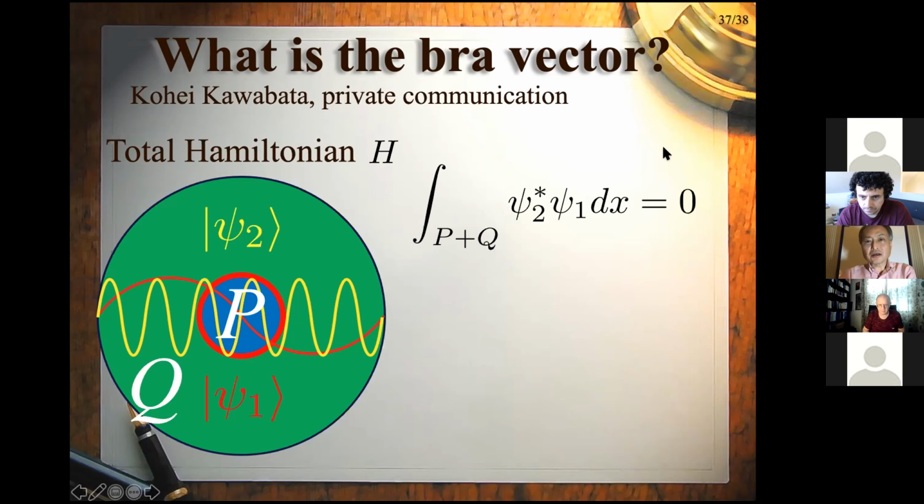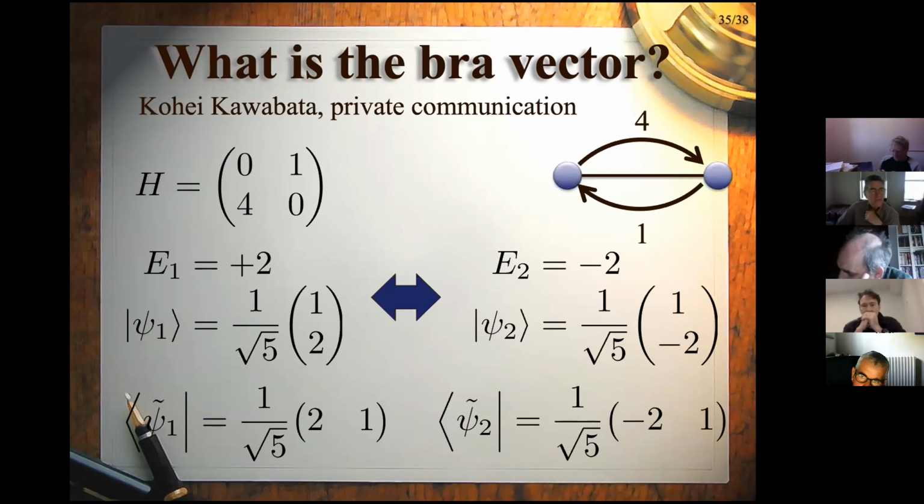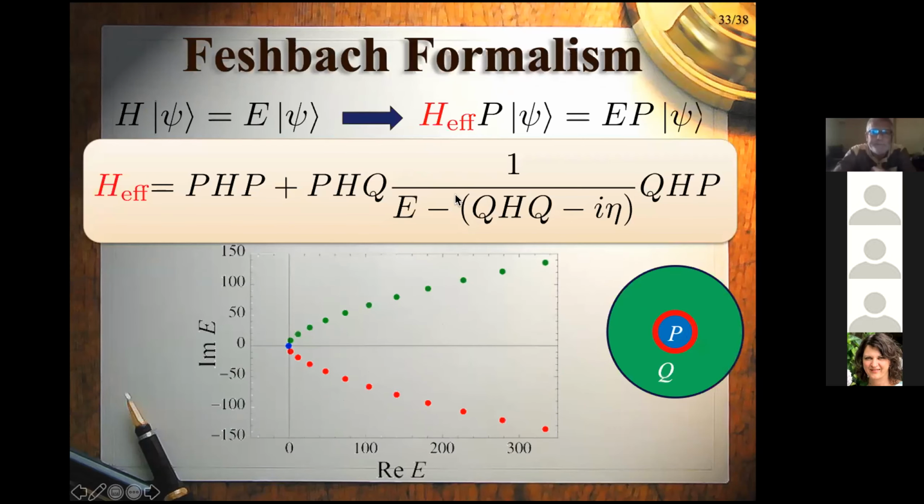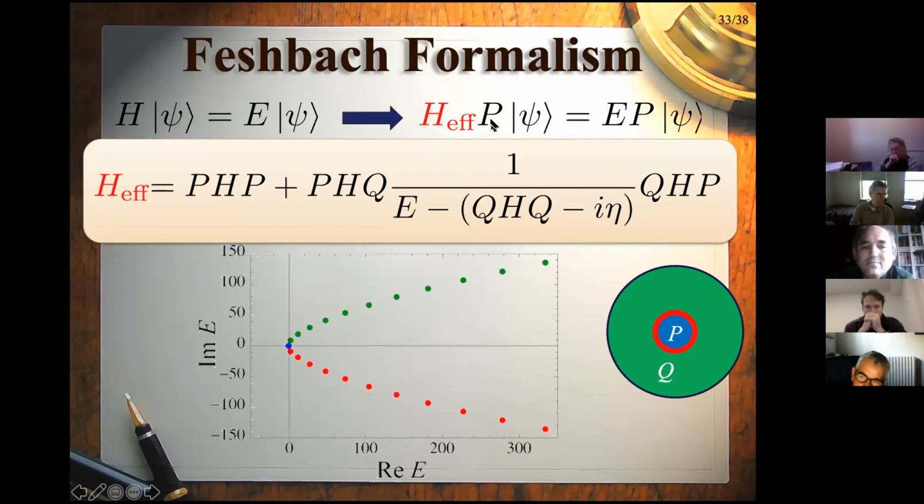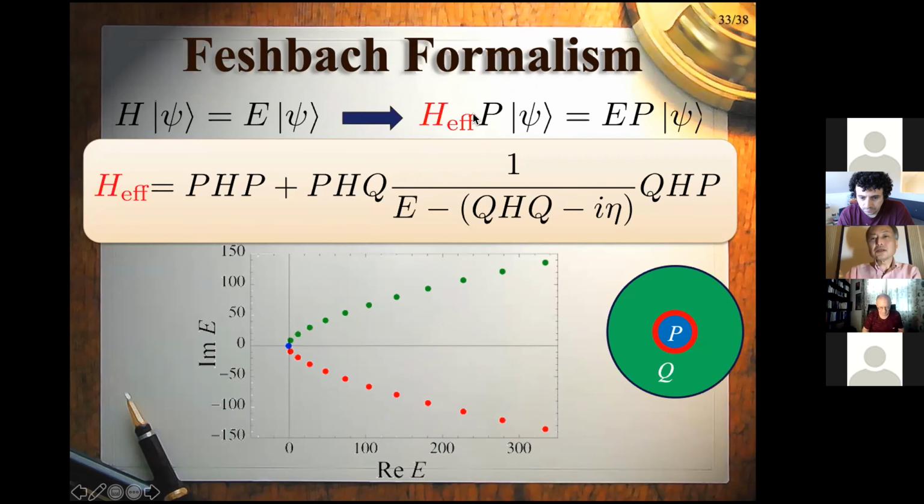That's another interesting question. If I Fourier transform this effective Schrödinger equation into the time dependent equation, then because of the energy dependence of this effective Hamiltonian, I find a non-Markovian memory kernel.